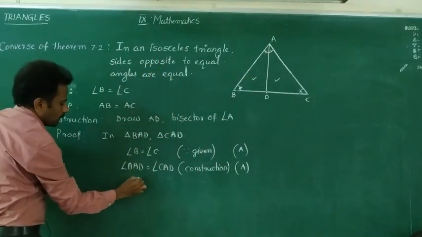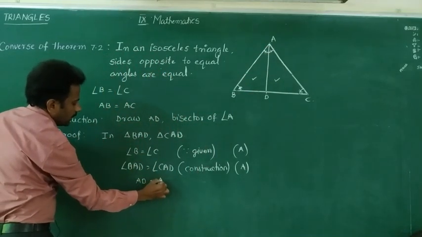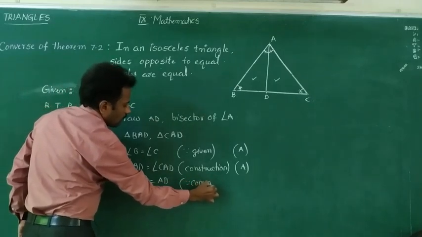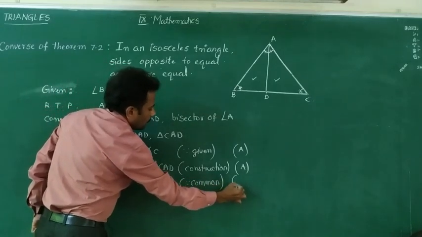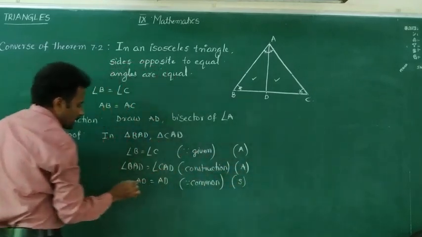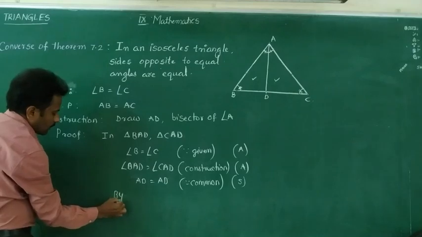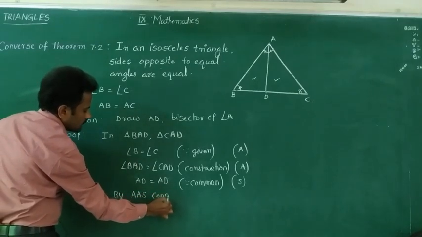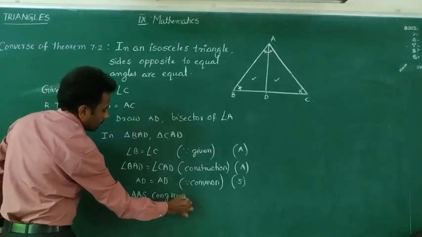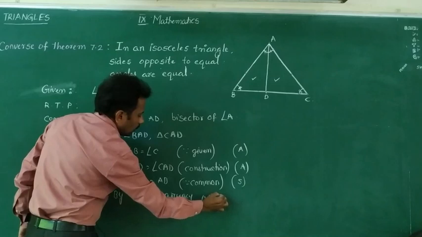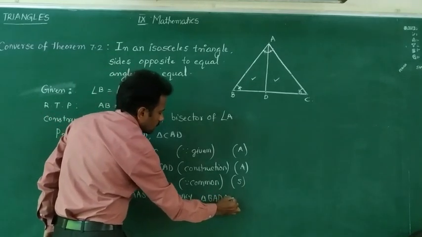AD equals AD, it is common. That means we have got an equal pair of corresponding sides also. So by AAS congruency, we can say that triangle BAD is congruent to triangle CAD.